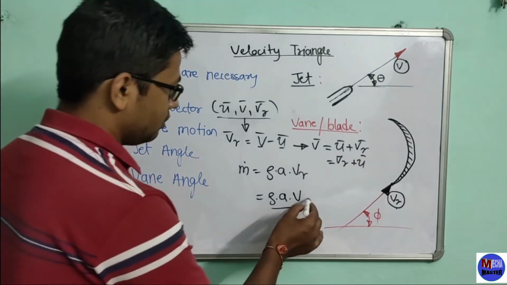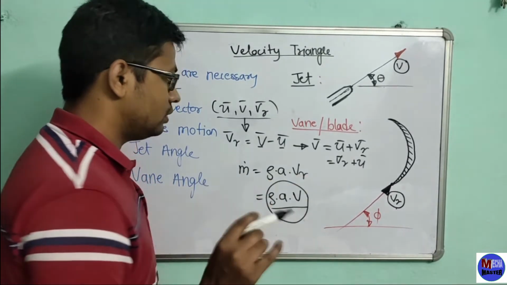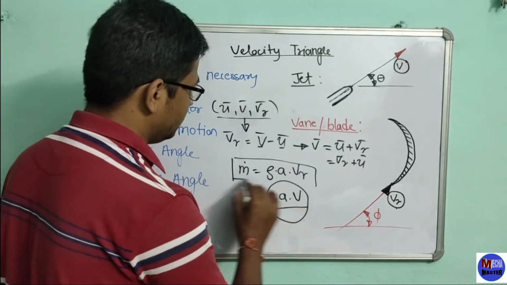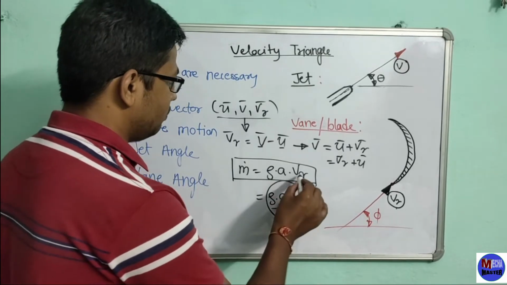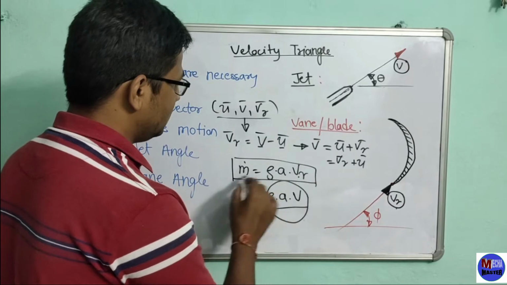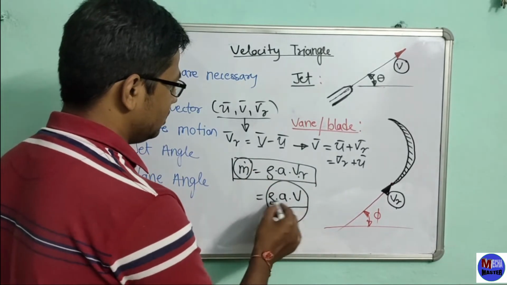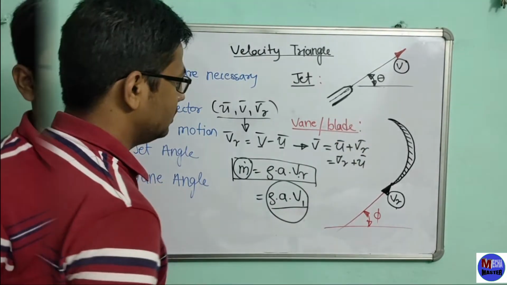So this formula is also applicable for that condition, and if you want to learn only one formula, then this formula is very, very important, because if you know the basic concept, the velocity triangle, what is called velocity, what is called relative velocity, then you can easily relate how the mass flow rate formula will change as rho a v1, where v1 is the jet velocity.